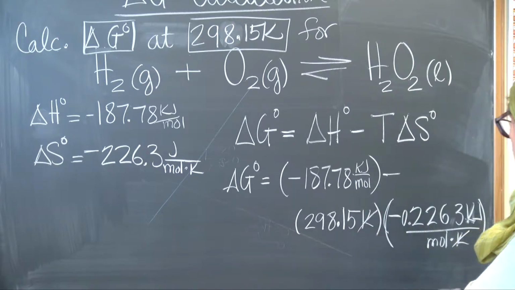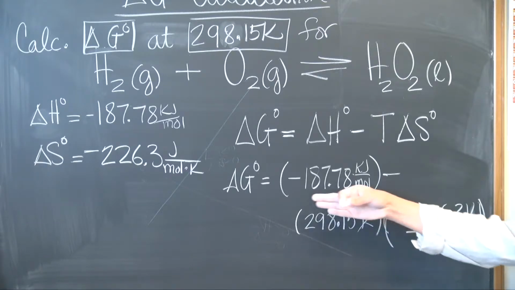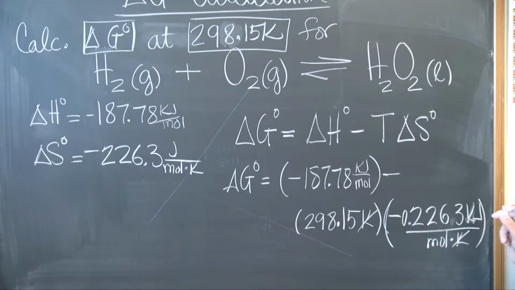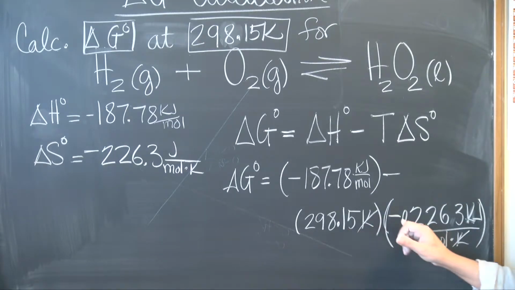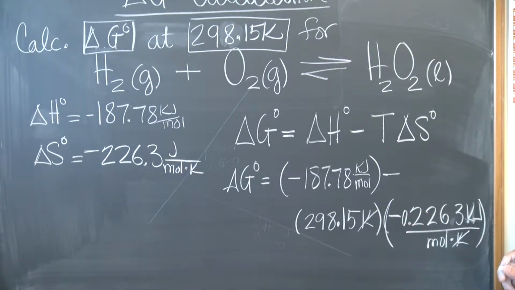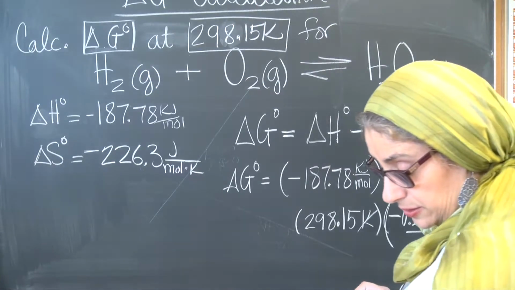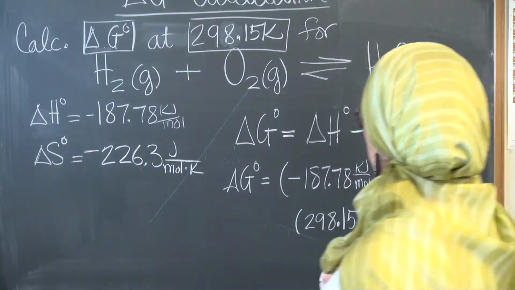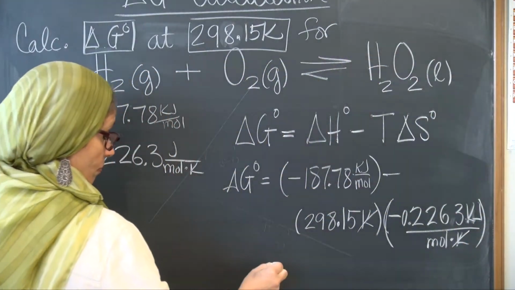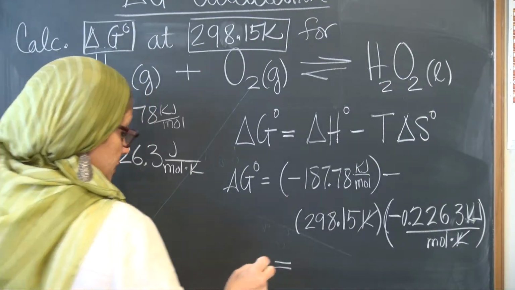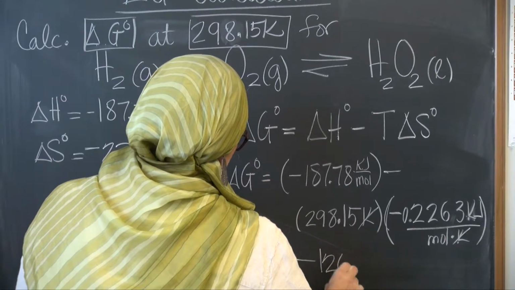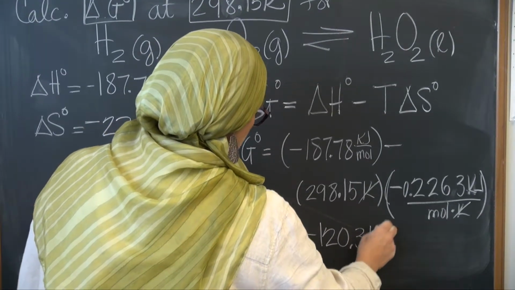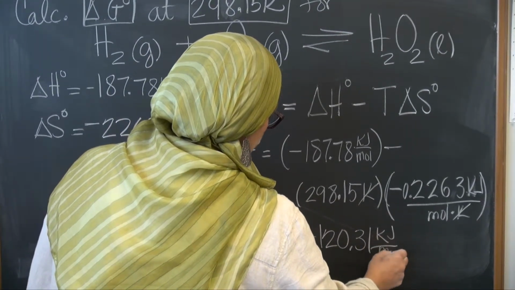The Kelvin is going to cancel, and we're going to get negative 187.78 kilojoules per mole minus the product here. It's going to be a negative value, kilojoules per mole as well. And our delta G value that we calculate is a negative 120.31 kilojoules per mole.